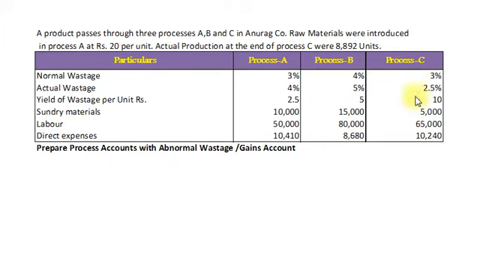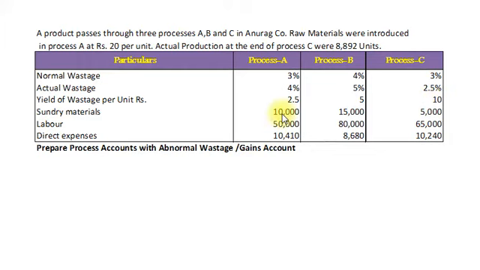Actual wastage process A 4%, B 5%, C 2.5%. Yield of wastage per unit rupees 2.5 in process A, rupees 5 in process B and rupees 10 in process C.